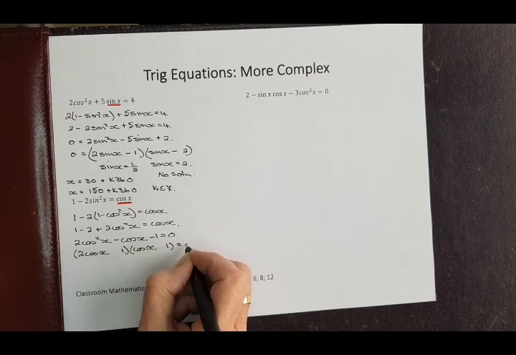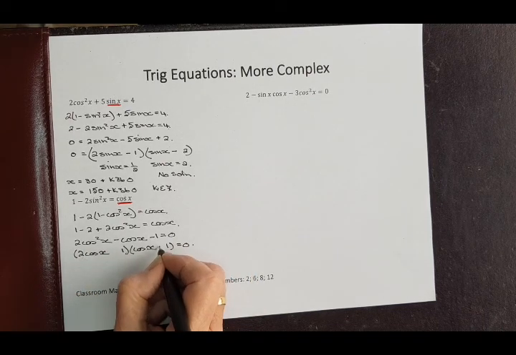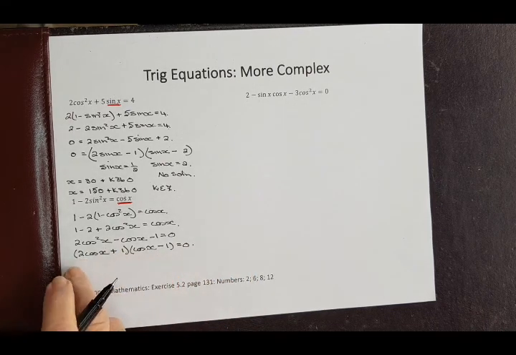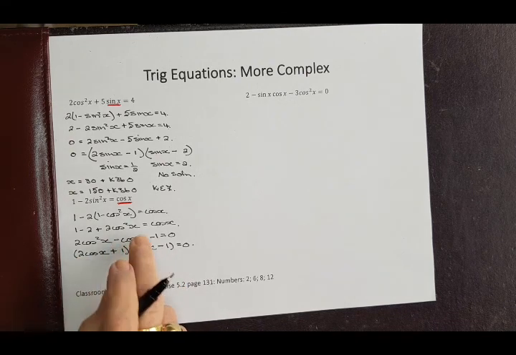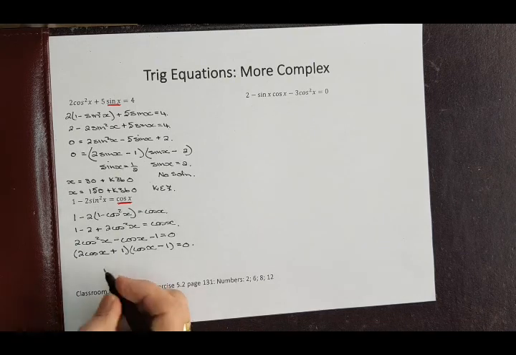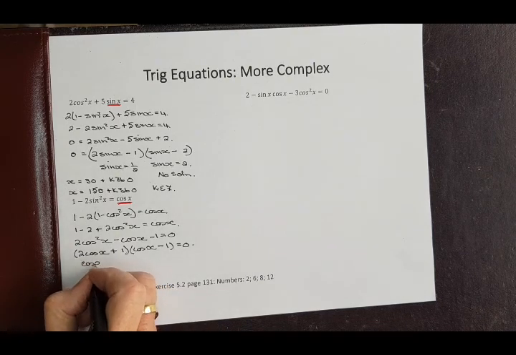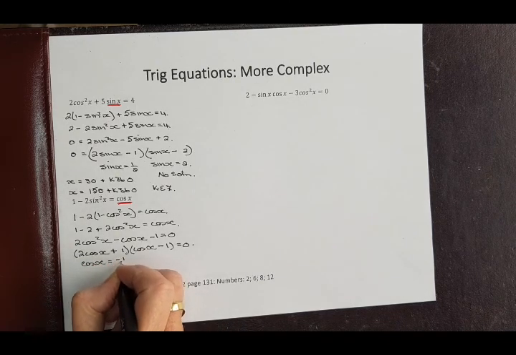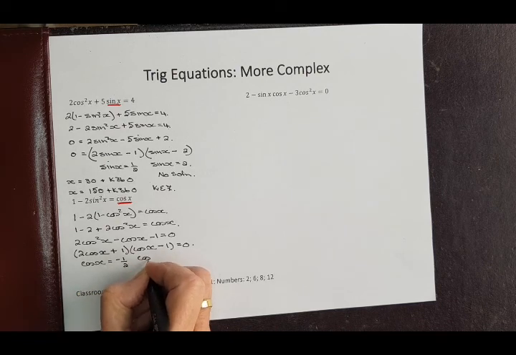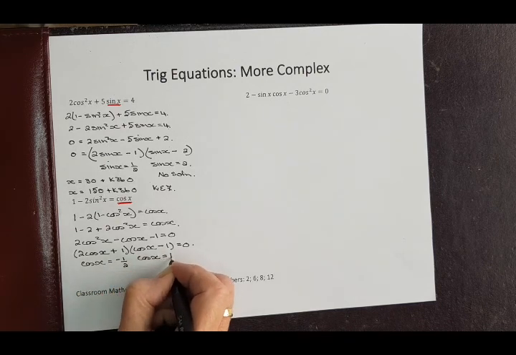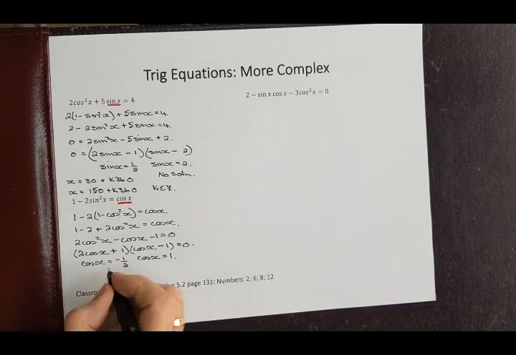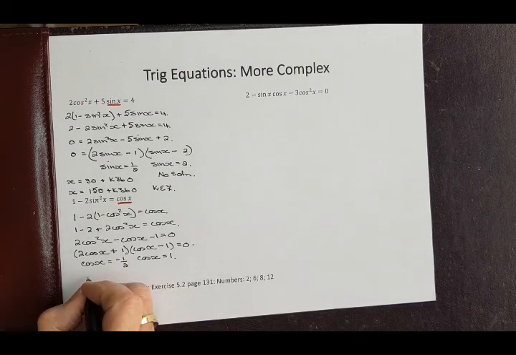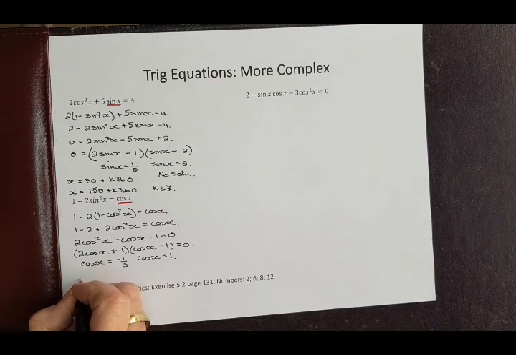When I factorize that, I'm going to get 2 cos x and a 1. I want that to be a minus, that to be a plus. Minus 2 cos x plus cos x will give me that minus cos x term there. So here I get that cos x is equal to minus a half, or cos x is equal to 1. When I solve a cos trig equation, arc cos of minus a half is going to be 120 degrees.